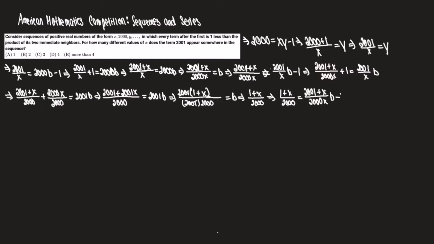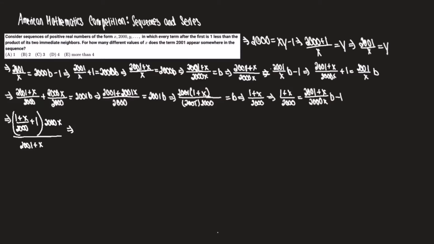Alright, so now what we can do is solve for b. 1 plus x divided by 2000, plus 1, times 2000x, divided by 2001 plus x, and this equals b, but we're going to simplify it.